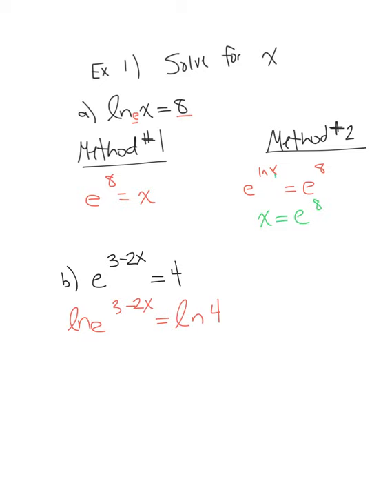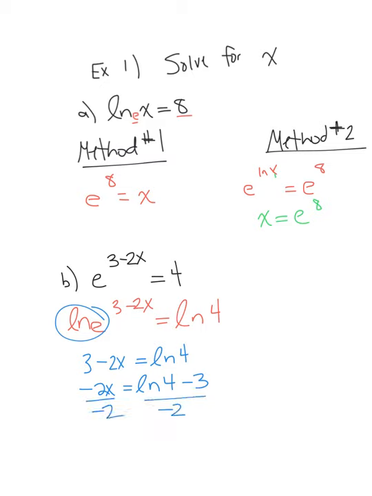I know that the ln and the e are going to cancel each other out, so basically I'm going to be left with 3 minus 2x is equal to ln 4. And I'm going to go ahead and isolate my x here, so ln of 4 minus 3, divide both sides by negative 2, and I get x is equal to ln 4 minus 3 over negative 2.